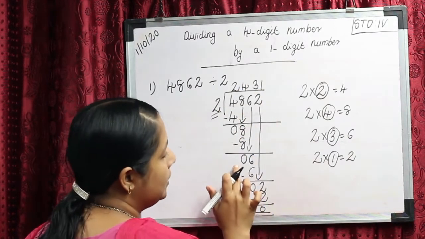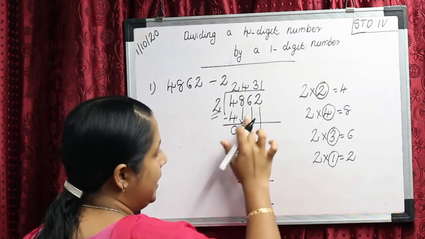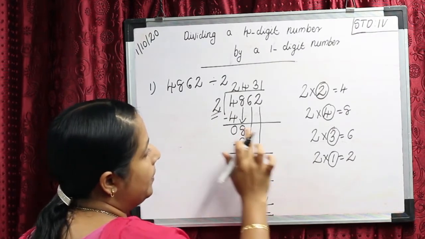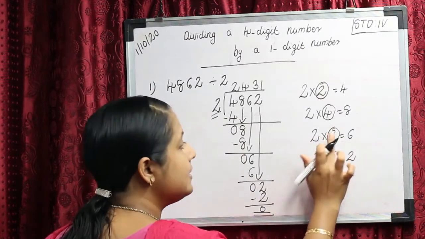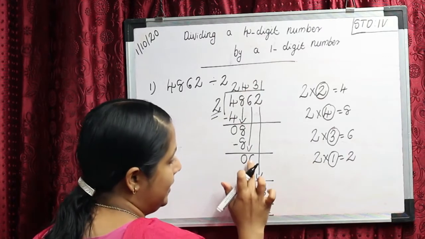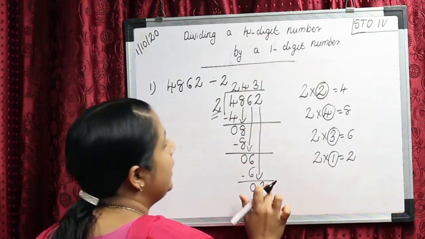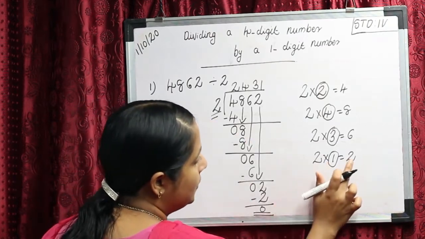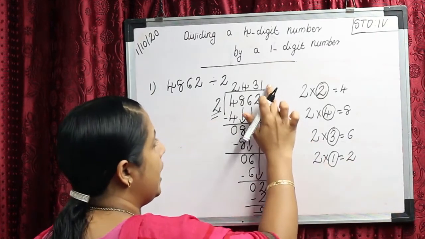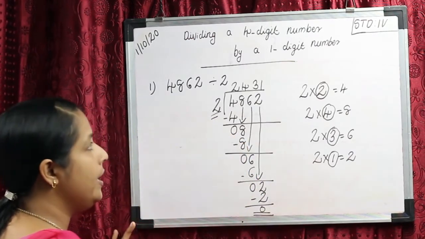Then 8 minus 8 equals 0. Then taking the third number, that is 6. In 2's table we get the answer 6 as 3. So we write 3 here. 3 2's are 6. Then 6 minus 6 equals 0. Then the last number is 2. In 2's table we get the answer 2 as 1. So we write 1 here. 1 2's are 2. Then 2 minus 2 equals 0.